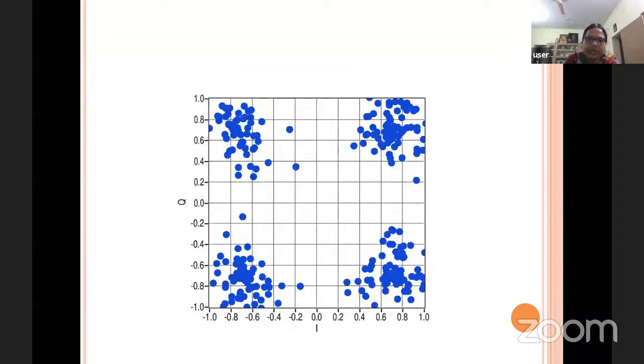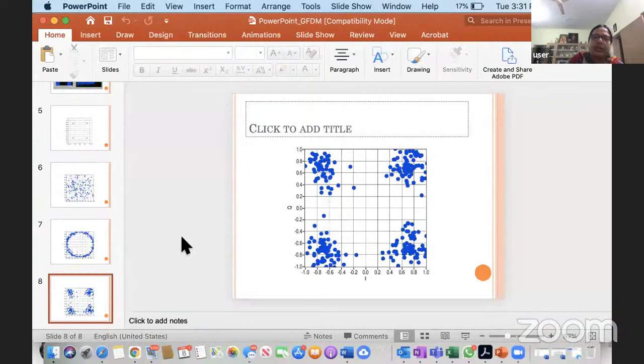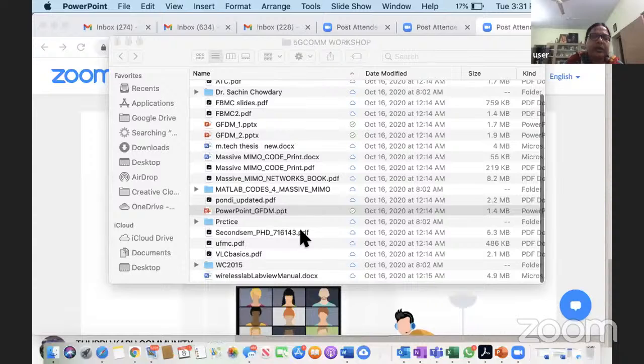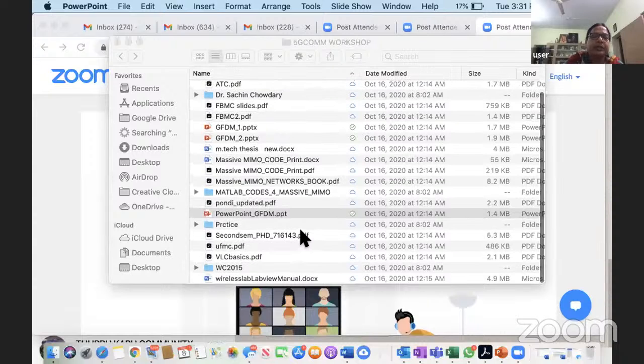So we could see the outputs at the receiver. Okay, this is a simple example, but I'll take you through my other slides showing exactly what we have done for my VLC communication and my GFDM communication.